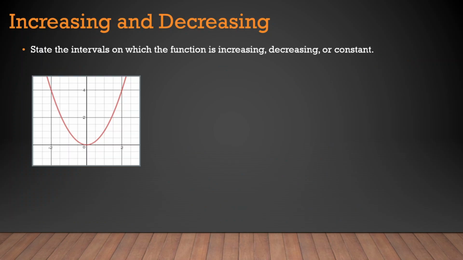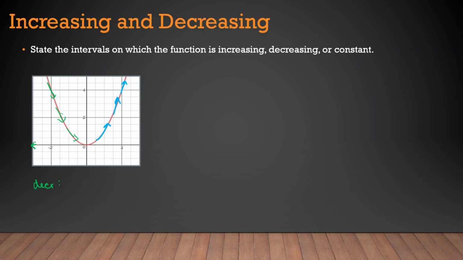And so we can talk about what a function does on pieces. So look at this graph here. We notice on this graph, the function is going up on the right, but it is coming down on the left, so it's doing both. So it's decreasing on one interval and it's increasing on another. So let's look at where it's increasing.